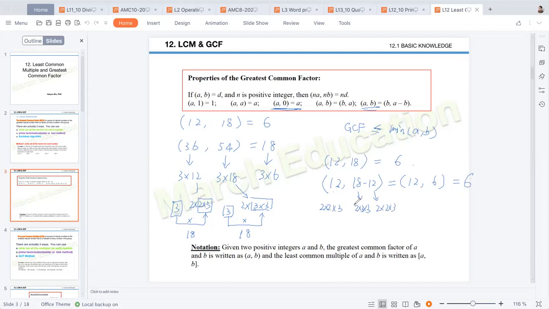You can see the common part will not change. Right? The common part will not change. 18 minus 12 is 3 minus 2 times 2 times 3, right? So the greatest common part will not be changed. Okay.